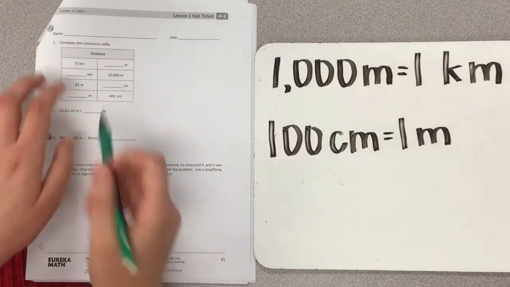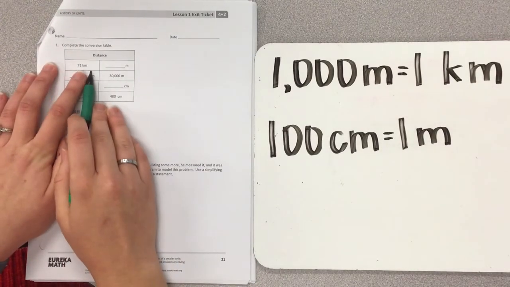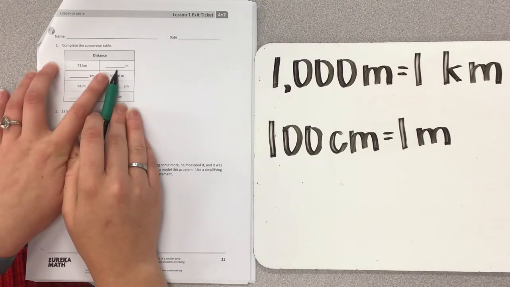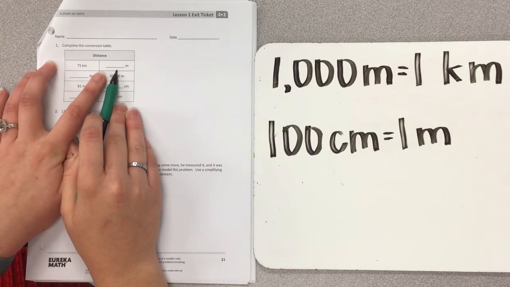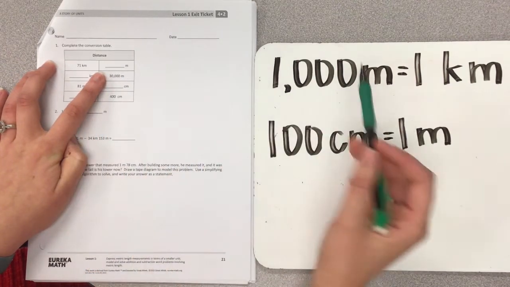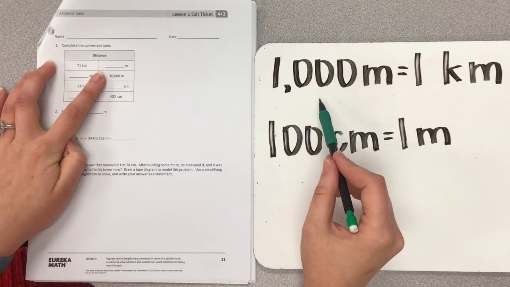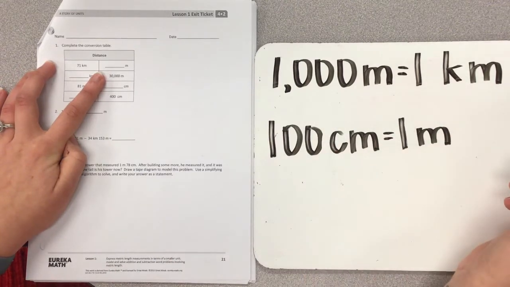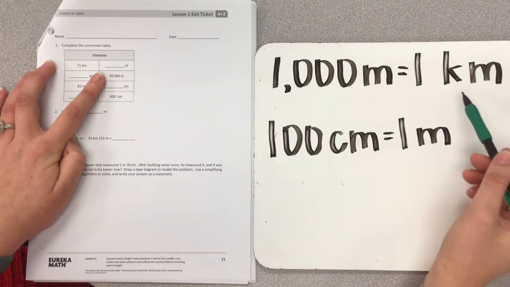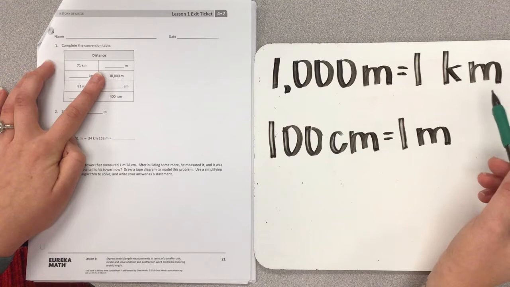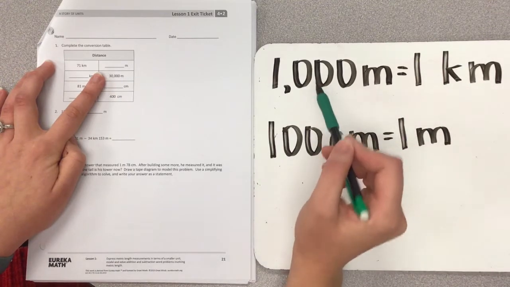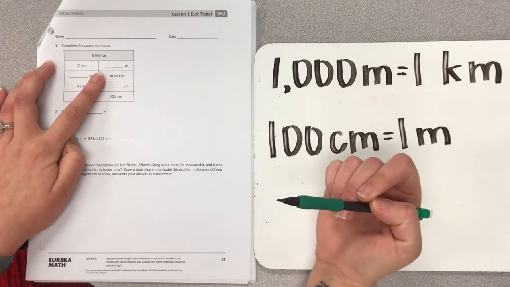So for example, if I had 71 kilometers, how many meters would that be? I know that I have 1,000 times more meters than I do kilometers. That's what kilo means. Kilo means 1,000. So for every kilometer I have 1,000 times more meters.